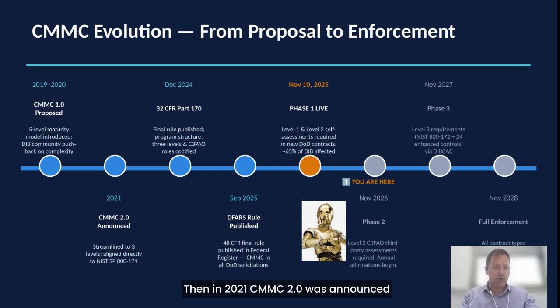Then in 2021, CMMC 2.0 was announced, and we've seen the 3 levels that we're familiar with today. And basically, this whole topic of CMMC was based on the NIST 800-171 framework that is also related to the NIST cybersecurity framework. So more of a familiar concept and not just the 5 maturity levels that we've seen before.